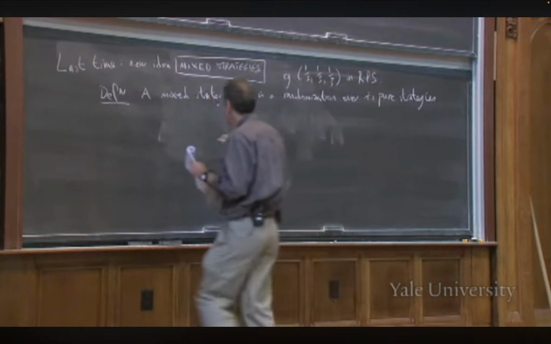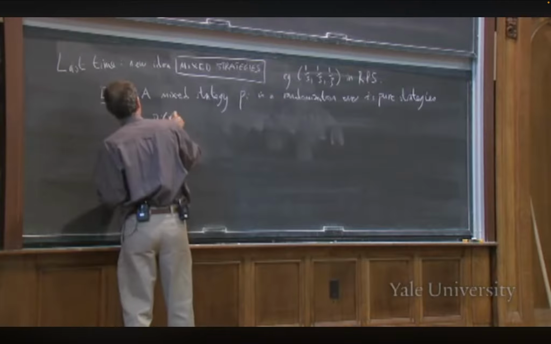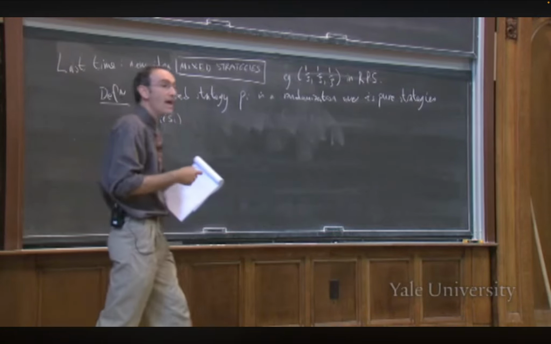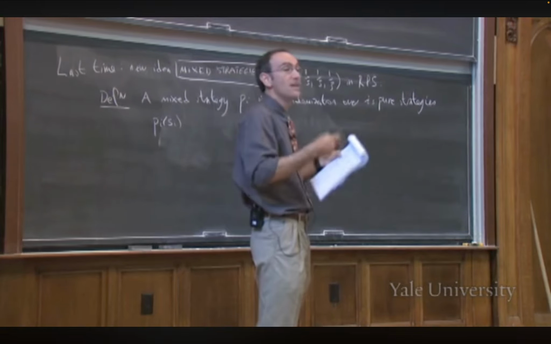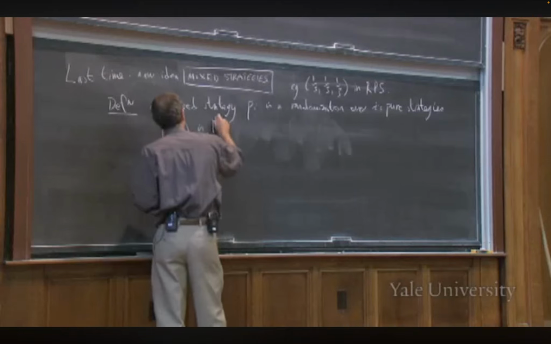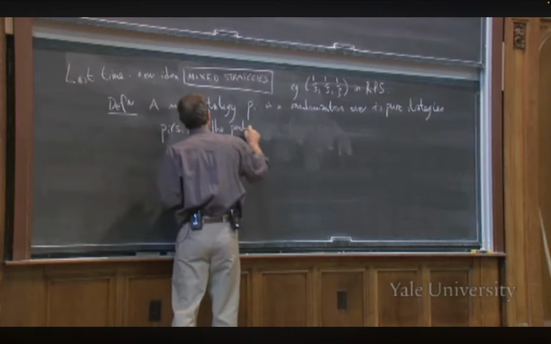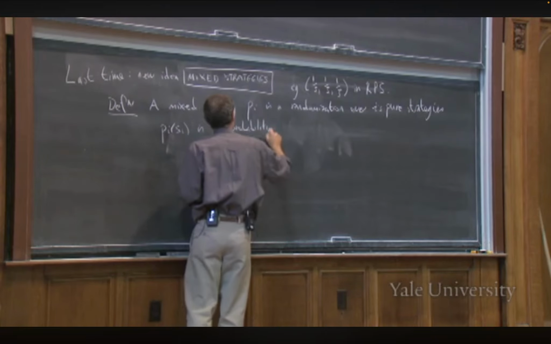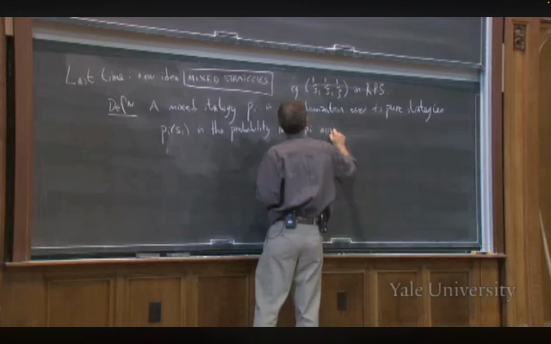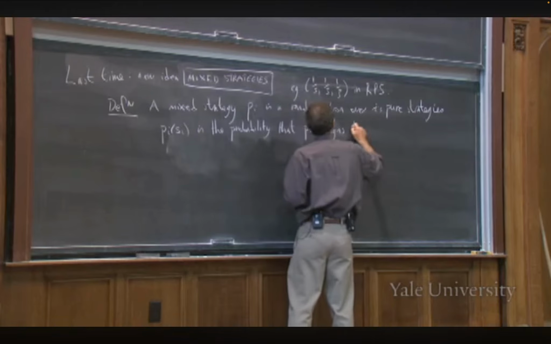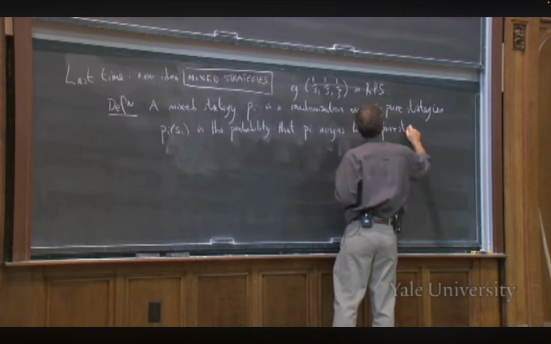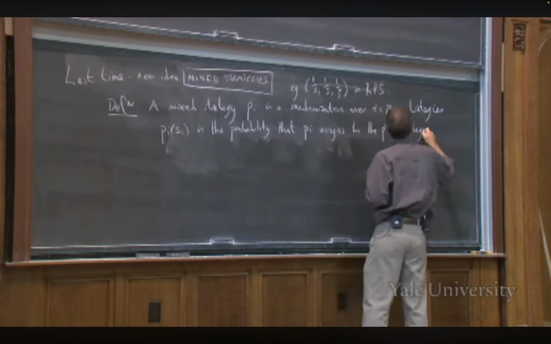All right, so in particular, we're going to use the notation P sub i of s_i to be the probability that player i plays s_i, given that he's mixing using P_i. So P_i(s_i) is the probability that P_i assigns to the pure strategy s_i.